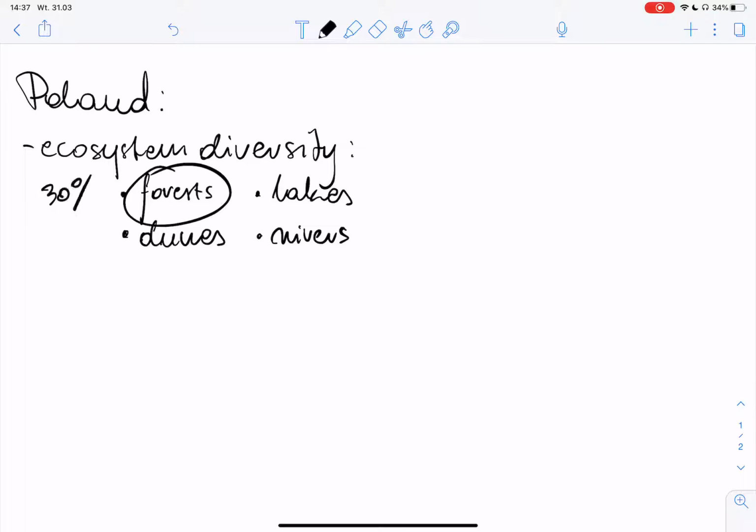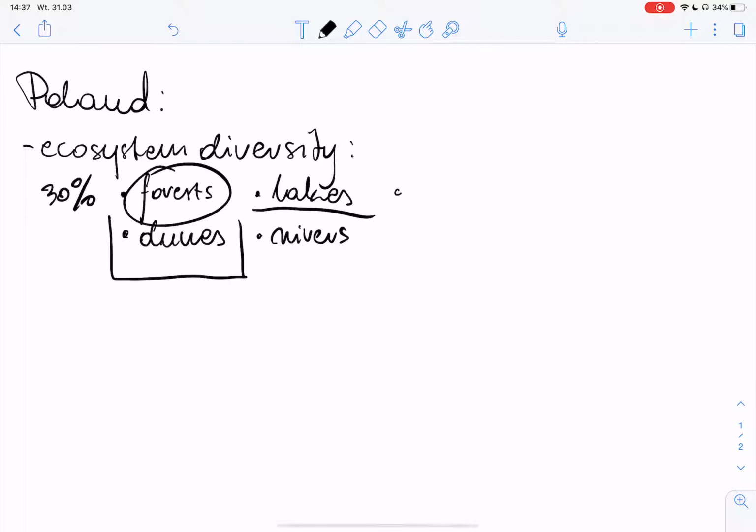Actually, 30% of the surface of the country is covered in forests. Lakes. Lakes are mostly focused around certain regions in Poland, for instance, Mazuria, which is the lake district. So plenty of them can be found in here. But some of them are met only in certain places, like dunes can be only met in the coast, close to the sea.